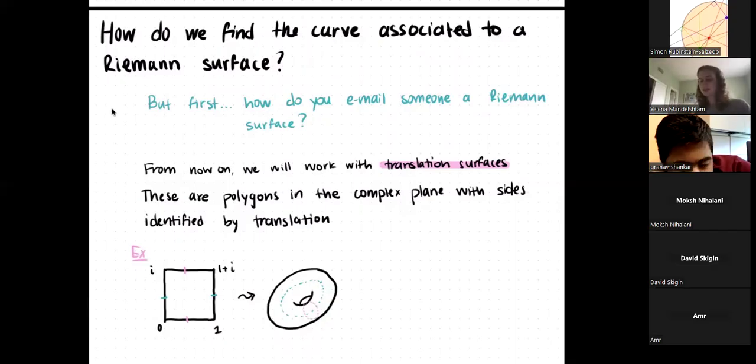If I email someone an algebraic curve, I can do that. Does anyone have an idea how I would email an algebraic curve? Just unmute yourself or send it in the chat. Could you just send the relationship that documents it, or is that too simple? Yeah, the equation, the polynomials. Exactly, that's easy.